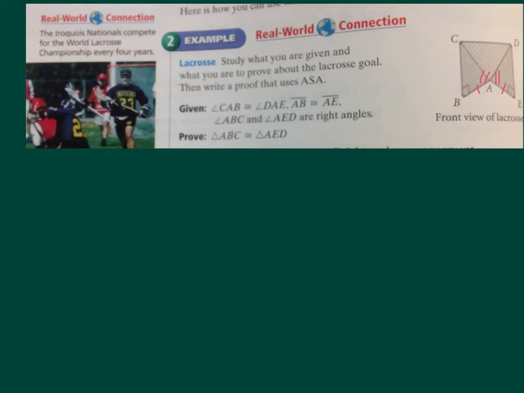How are we going to prove the triangles are congruent? Well, first we say angle ABC is congruent to angle AED because all right angles are congruent. And then we can say the triangles are congruent by angle, side, angle.